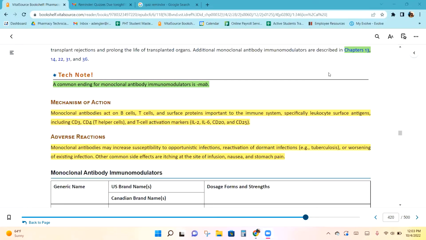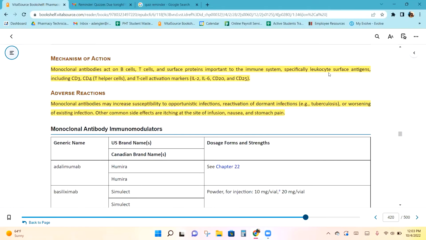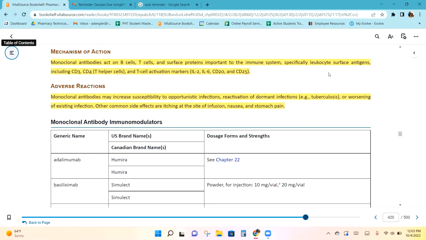Monoclonal antibodies act on B cells, T cells, and surface proteins important to the immune system, specifically leukocyte surface antigens, including CD3, CD4, and T cell activation markers. Monoclonal antibodies may increase susceptibility to opportunistic infections, reactivation of dormant infections like tuberculosis, or worsening of an existing infection.